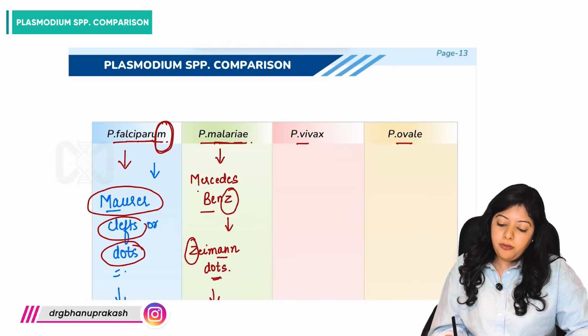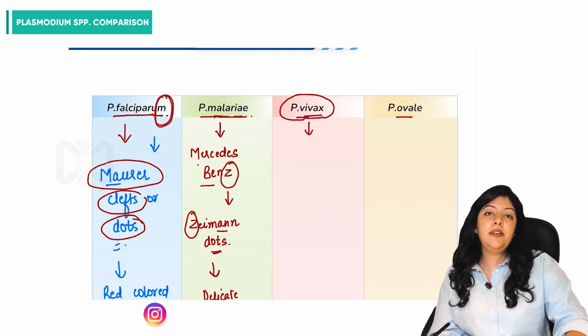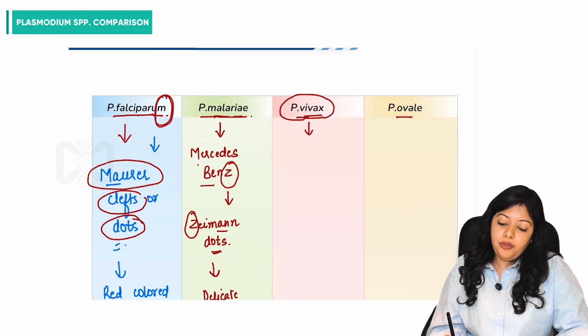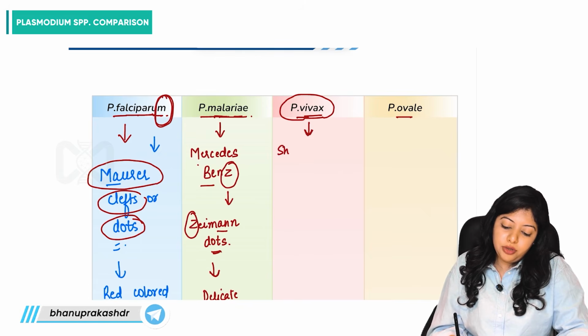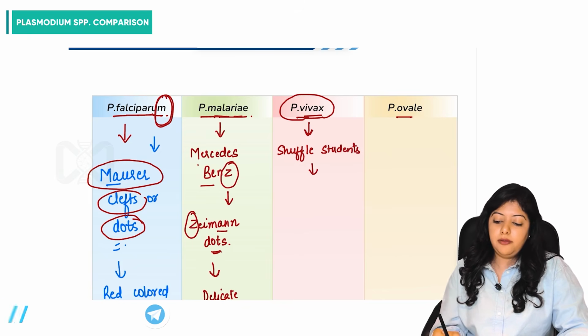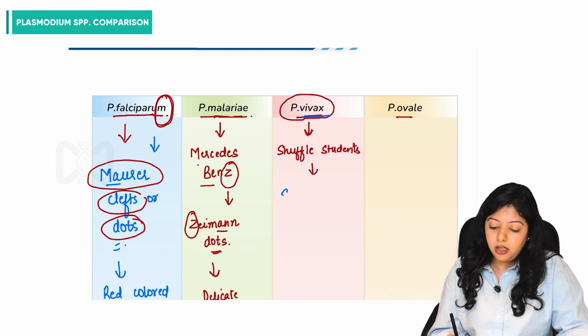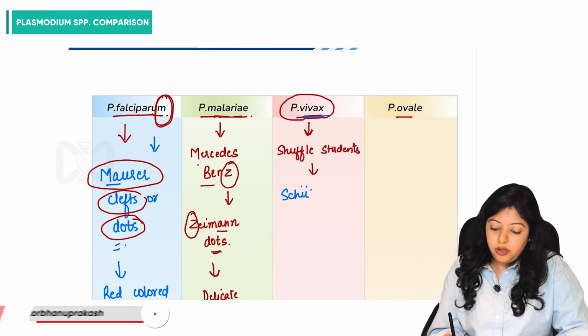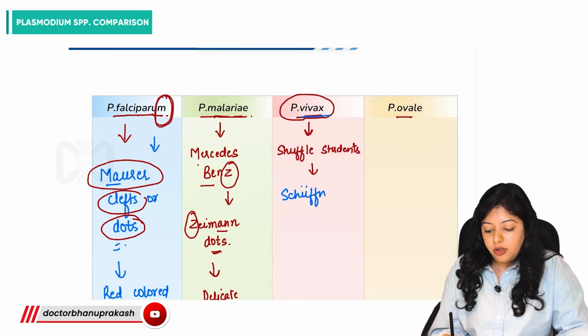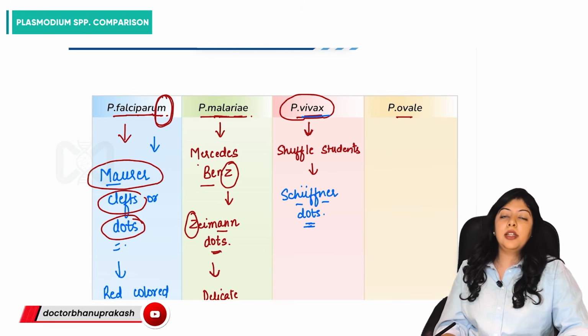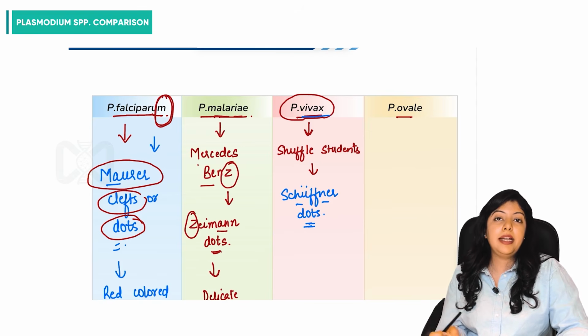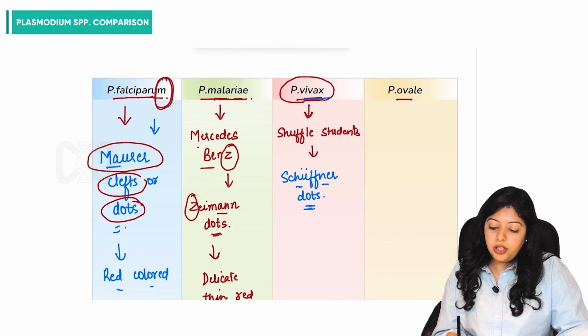So for vivax, again viva and vivax. For viva, we shuffle the students in a batch. So what are the dots that we have for Plasmodium vivax? These are Schüffner dots. They are called Schüffner because they were first seen by a scientist named Schüffner.